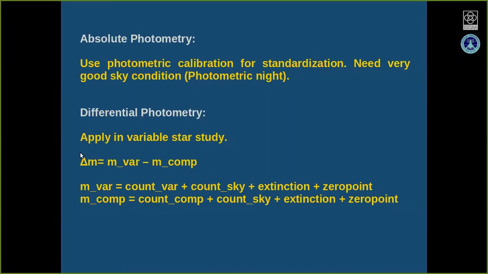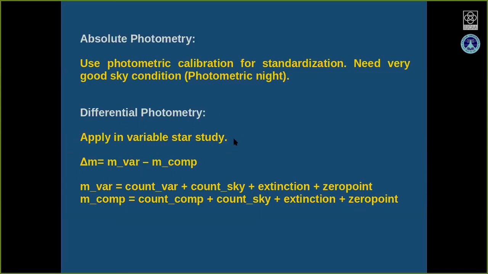So in that way, differential photometry is very powerful. No need to do any extinction correction, no need to do any zero point correction, no need to bother about the sky count, right? In fact, even if your sky condition is not very good, in that condition also you can go for differential photometry. It is very powerful.